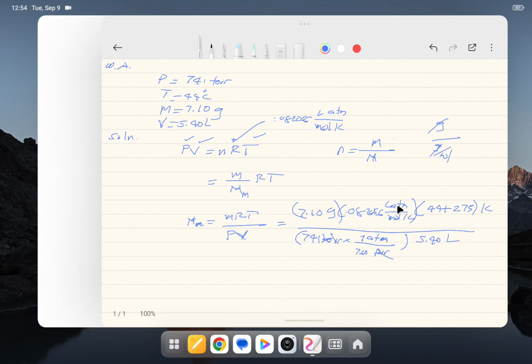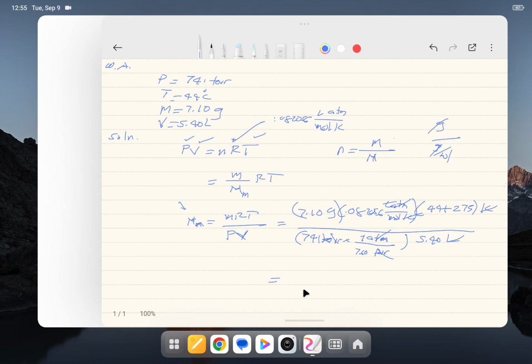Then we can cancel the atm, the liters, and the Kelvin. So what remains is the gram per mole. That gives you an assurance that what you're looking for, the molar mass, has the correct units.